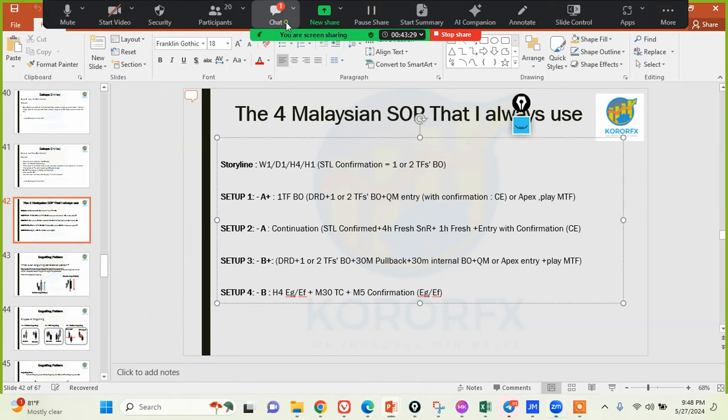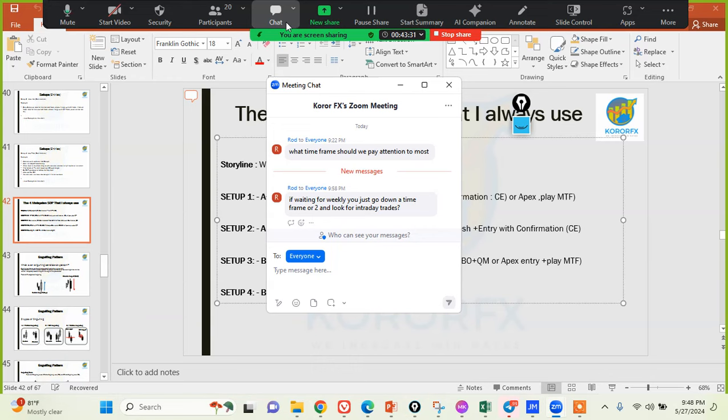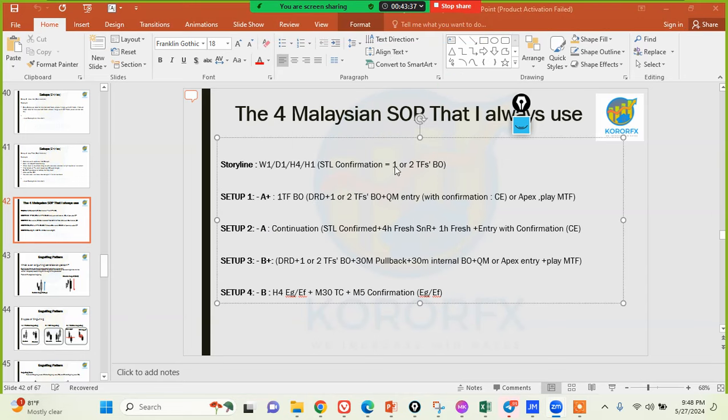Okay, someone is typing. If waiting for a weekly, you just go down a time frame or one time frame. If it is for a storyline, you go for a weekly storyline, daily breakout. That's the first confirmation. But these guys are asking for the rejection, so they are really confusing. But I can understand what they mean.